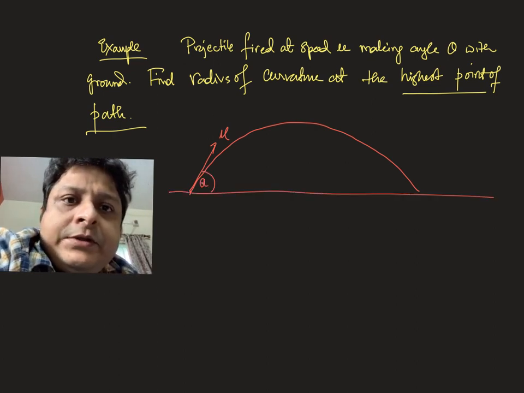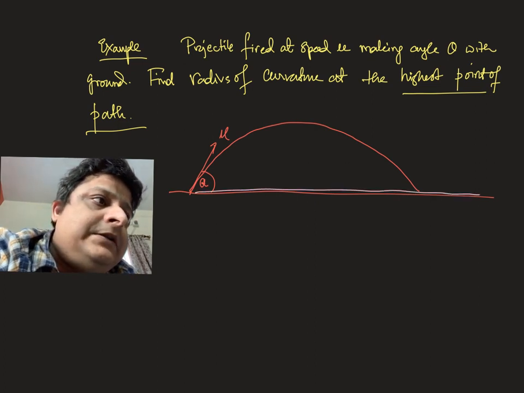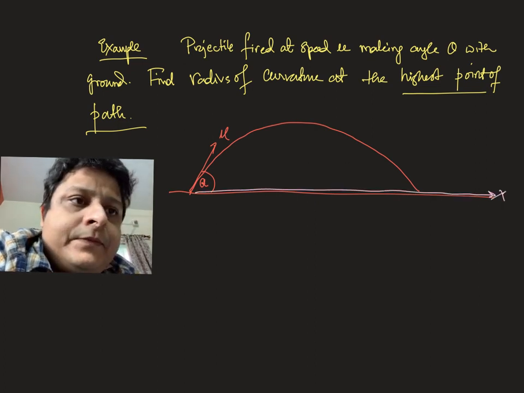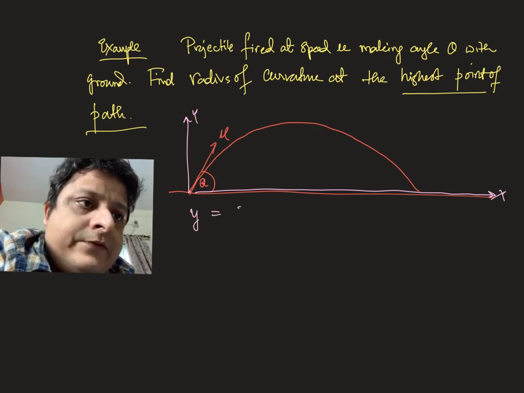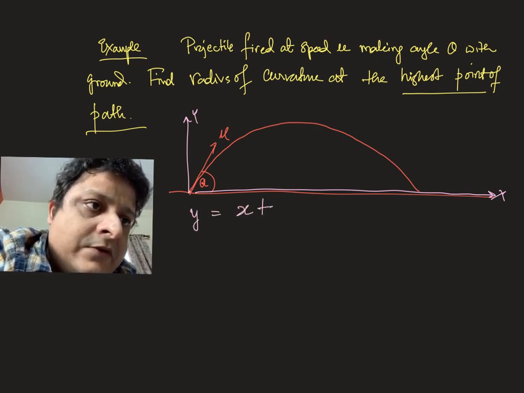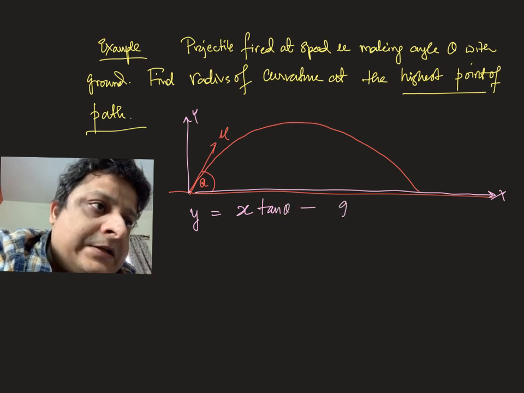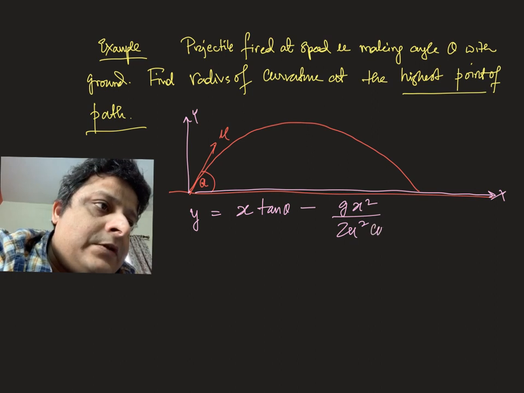Now what we'll do is write the equation of the path. If you recall, y equals x tan theta minus g x square by 2 u square cos square theta.